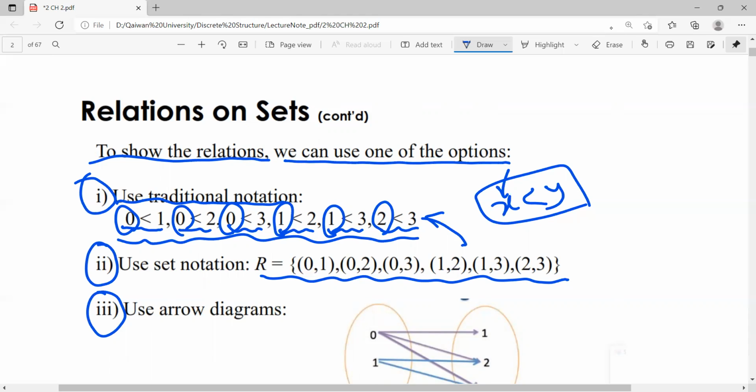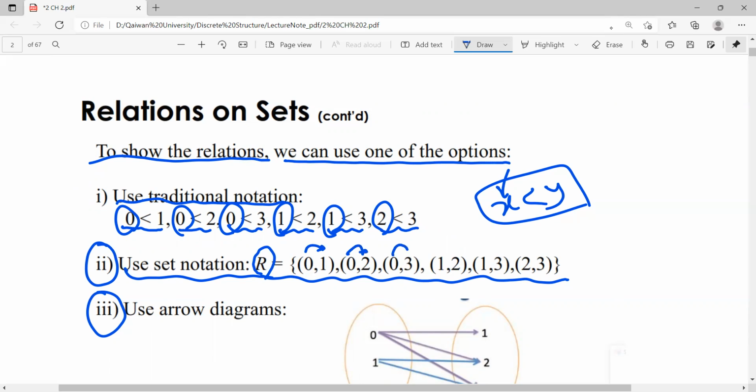We can express the relation either by the first way, or by the second one, or by the third one. Here we say R is the relation. In the relation, what do we have? We have 0 and 1, 0 and 2, 0 and 3, 1 and 2, 1 and 3, and 2 and 3. We have these members in the relation, but we have no 3 and 1.